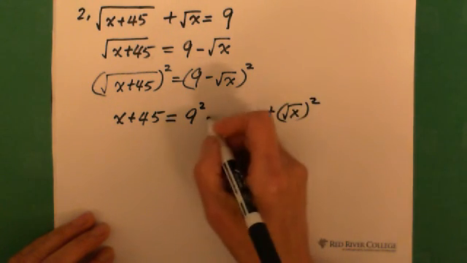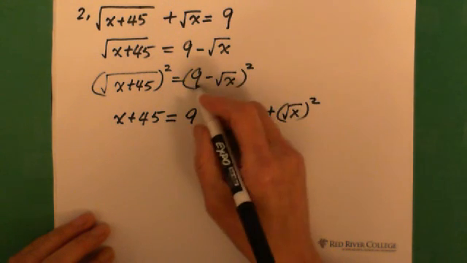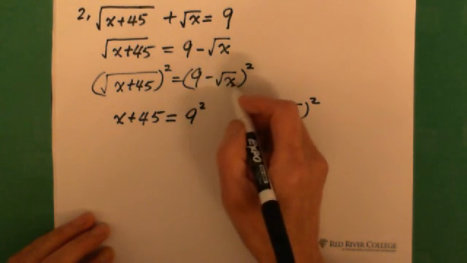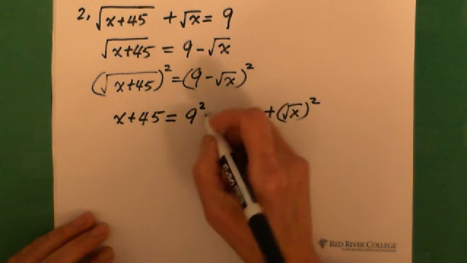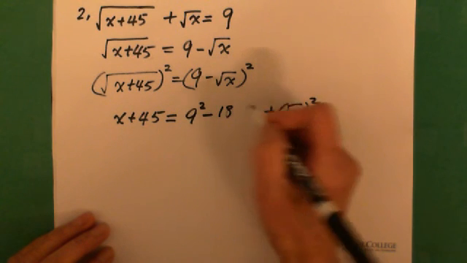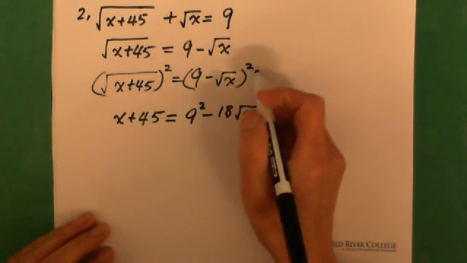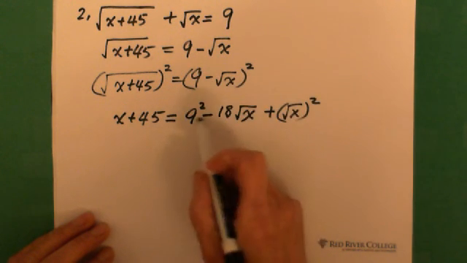The midterm is multiplying 9 with negative root x, which is minus 18 root x, right?